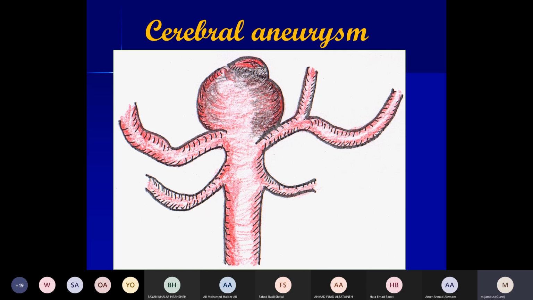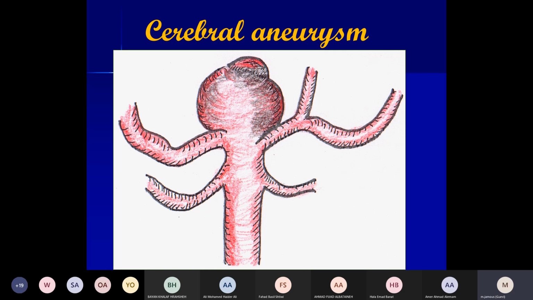So this is the basilar, and this is the aneurysm. We are talking about cerebral aneurysm. What's an aneurysm? It's an abnormal dilatation of the vascular wall, which occurs at a site of bifurcation, or sometimes at a curving point of an artery.